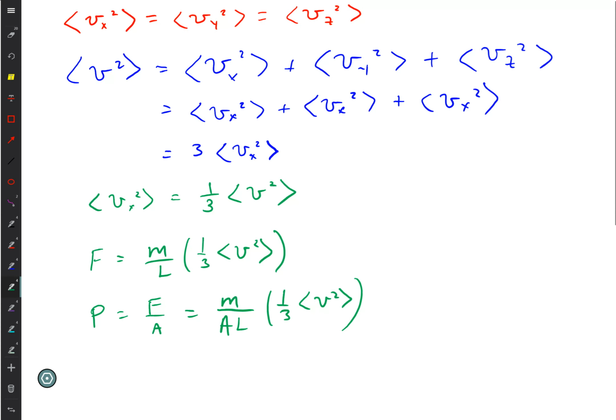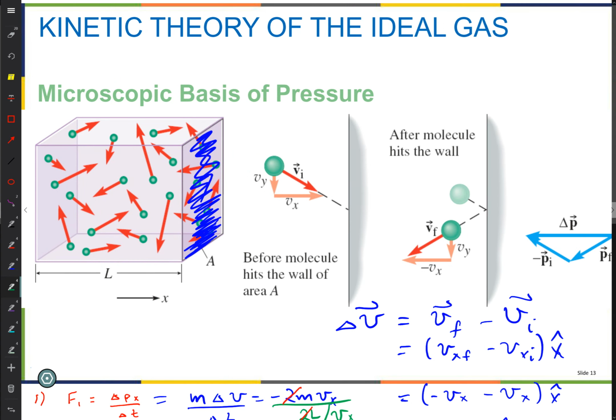But for my chamber, the area times the length, it's a cube that I'm working with. What is area times length equal to? Volume. Now, once again, just like when I did the buoyant force calculation, my calculation was specific to this chamber, but it turns out for any chamber I would have had the same result, just possibly much more complicated.